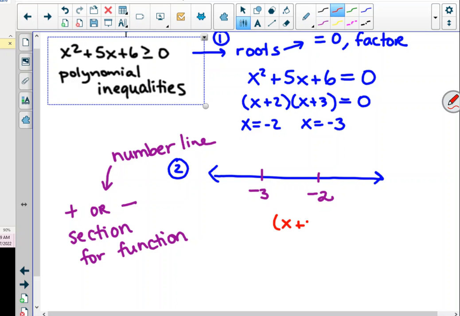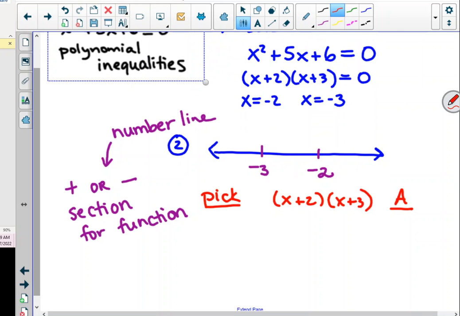Sometimes we made charts for this. We might write our factors down, and this is going to be for the answer, and these are the numbers I'm going to pick. And I always go weird. I'm like, -10. That's way down here, right? If I put a -10 into each of these factors, -10 plus 2 is -8. -10 plus 3 is -7.